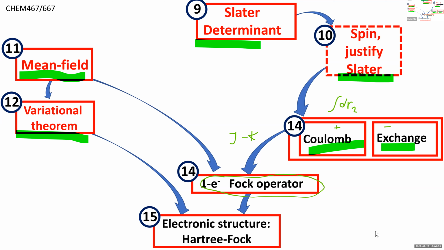And then by combining the Slater determinant and mean field theory, one gets to Coulomb and exchange parts of electron-electron interaction. So you see there is a little plus, little minus. This is lecture 14. The electron interaction is expected to have positive energy.